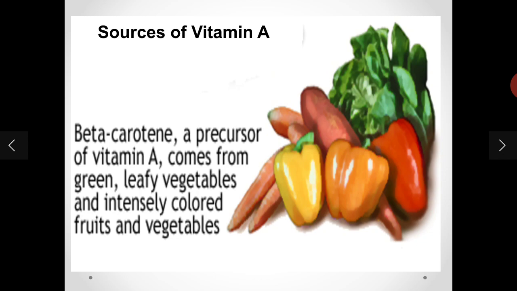So these are the sources of your provitamin, that is beta carotene, which is a precursor of your vitamin A. All the green leafy vegetables and fruits and vegetables which have an intense color are very good sources of your vitamin A, like your carrots, papaya, bell peppers, tomato, any other which are the sources of your beta carotenes.